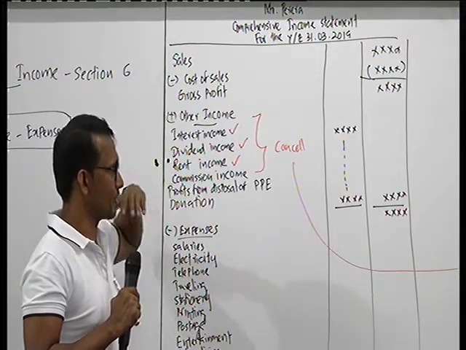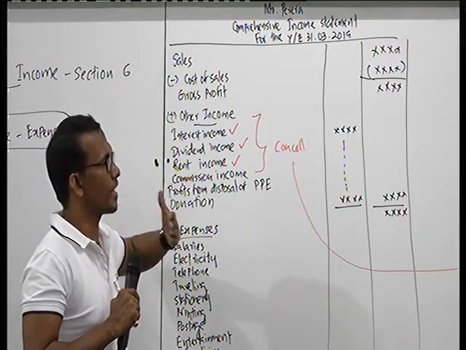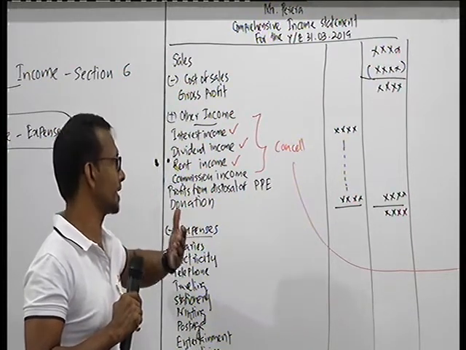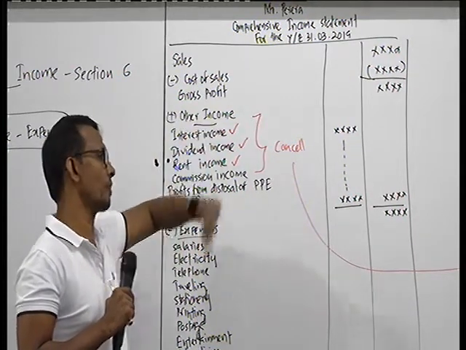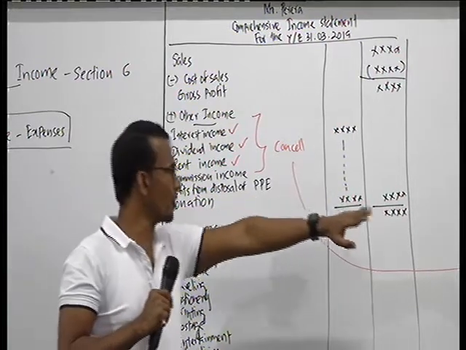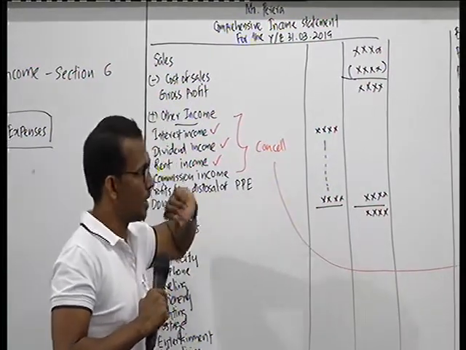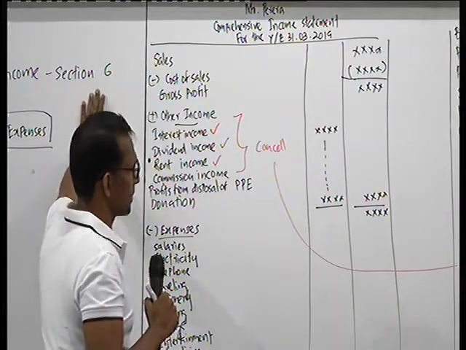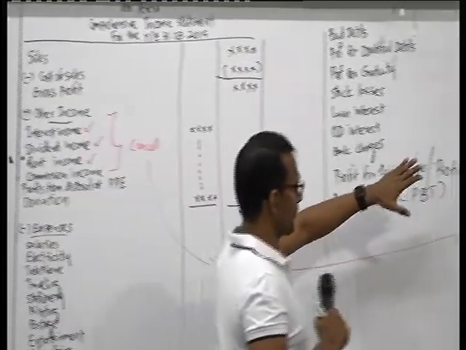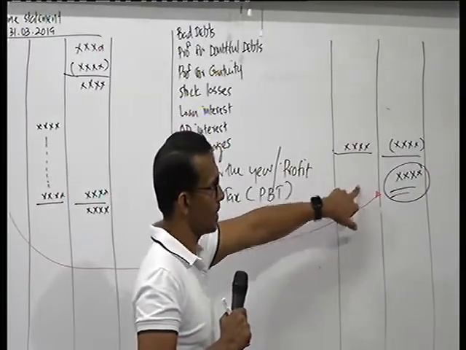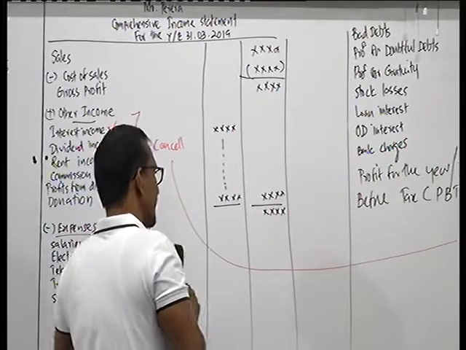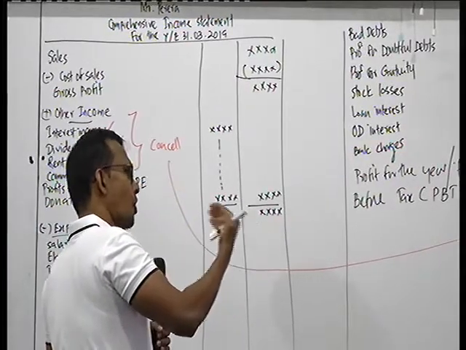Only what is not part of the business or not effectively connected to the business, you will have to remove, or cancel from the accounting profit in calculating the business income. Because as I said earlier, you start from this profit or loss and then you make adjustments, which means either you minus or you plus.